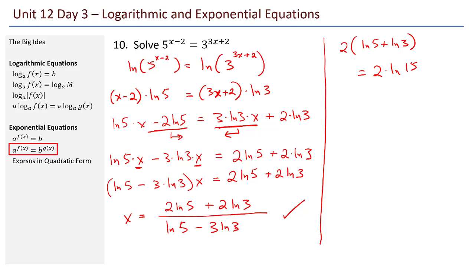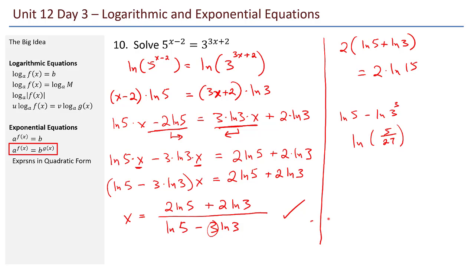And that denominator, ln 5 minus 3 ln 3, well, that 3 out in front could become an exponent, so that could be written as ln 5 minus ln of 3 cubed. 3 cubed is 27, so then I get the natural log of 5 over 27, if you want.